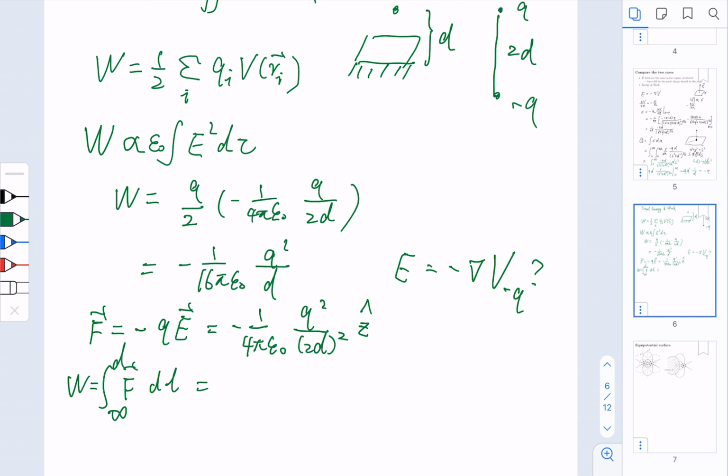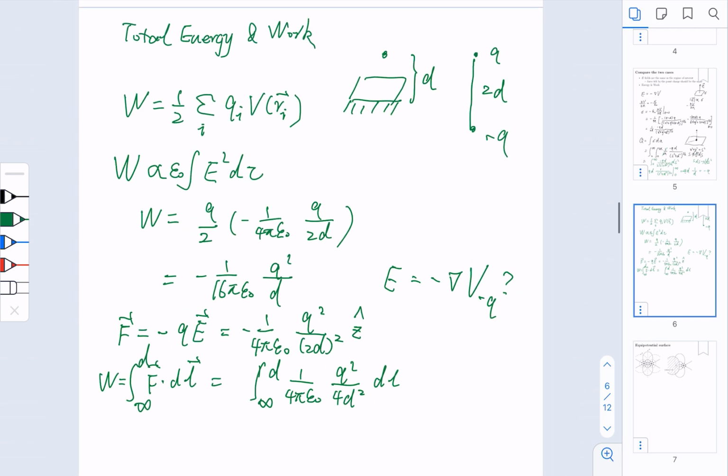then that gives, yeah, so here this force is the force experienced by the test charge, the charge over here on top.